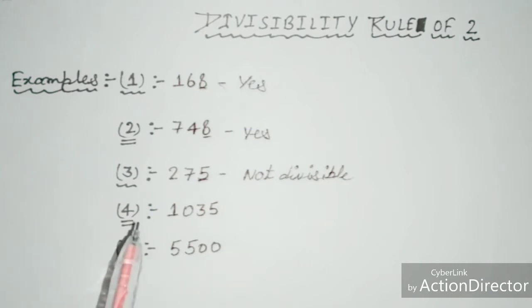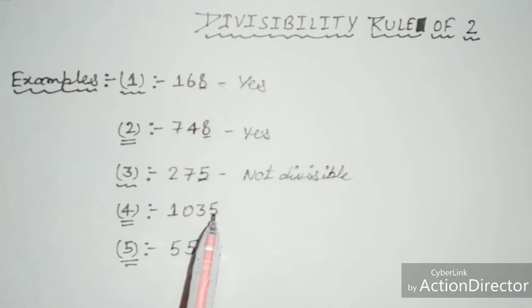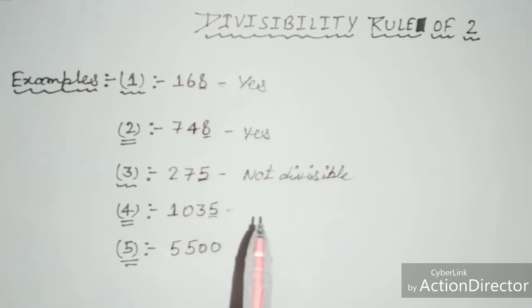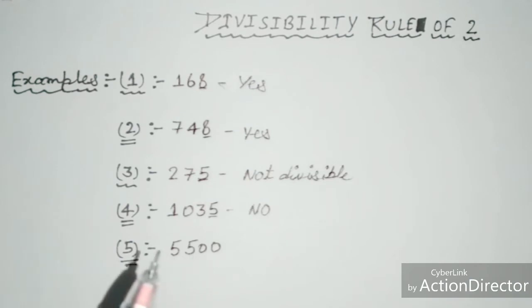Example number 4, 1035. In this number, the unit digit is 5 and 5 is not divisible by 2. So this number 1035 is not divisible by 2. So we say no, this number is not divisible by 2.